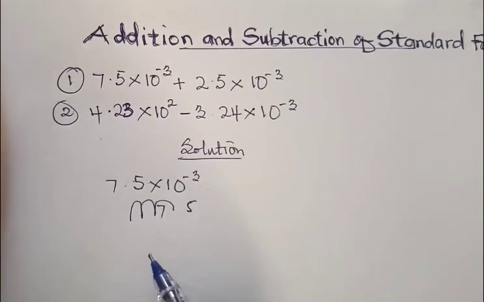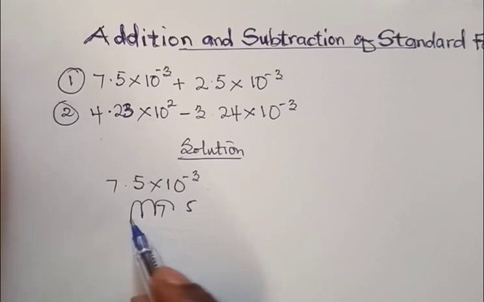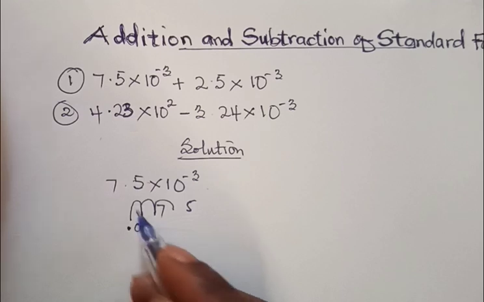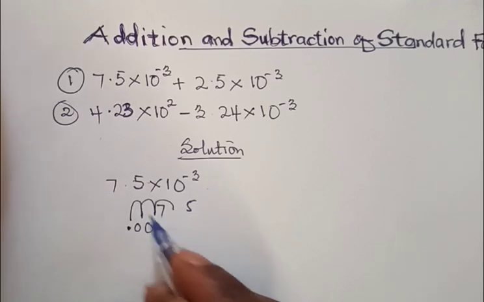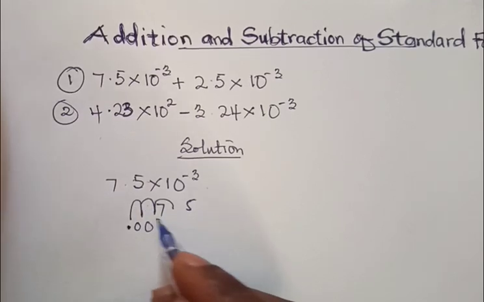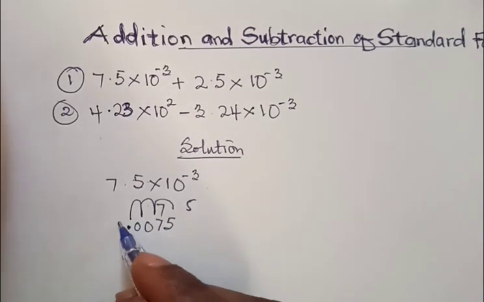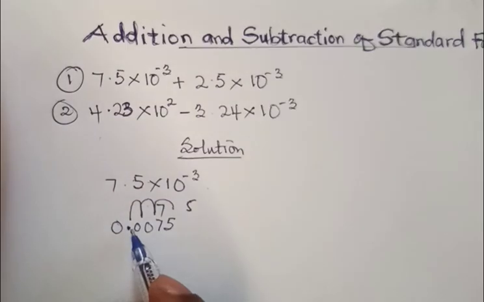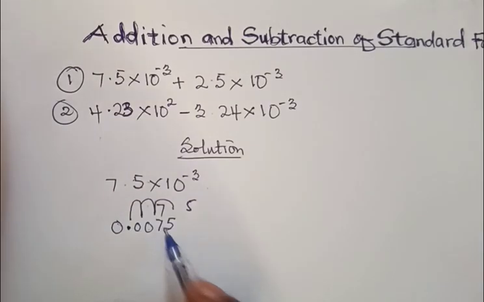And I already told you that after moving, if there are empty spaces, you replace them with 0. So I will bring my point, add a 0 for this, another 0 for this empty space, then bring my 7 and then 5. Then you bring the 0 here so that you get 0.0075.